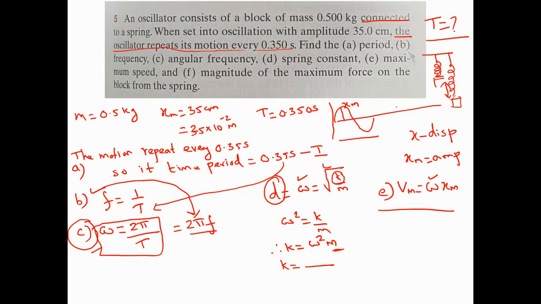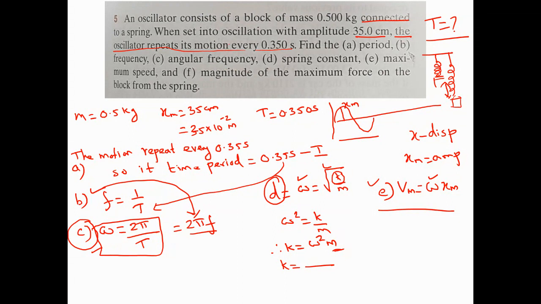And xm is already given in the question as 35 centimeter. So when you substitute, you will get the answer for the E part. Am I right? Any question? Clear.